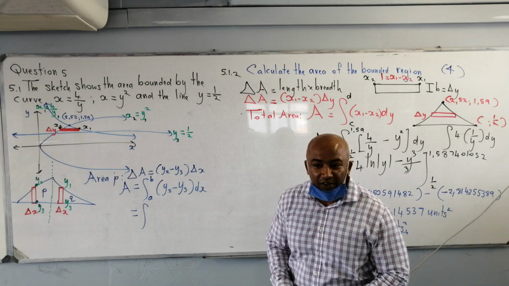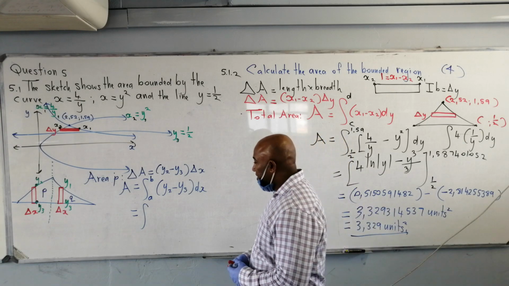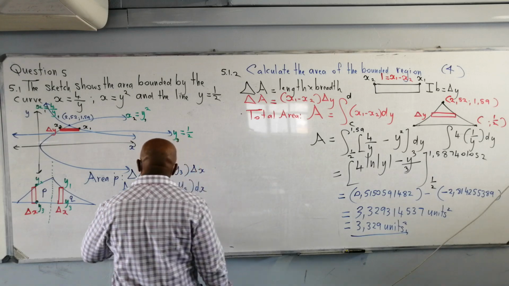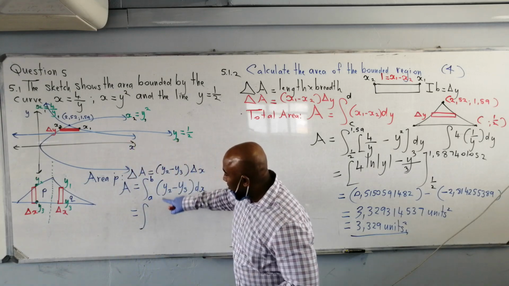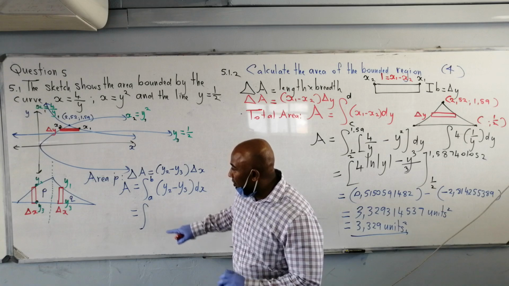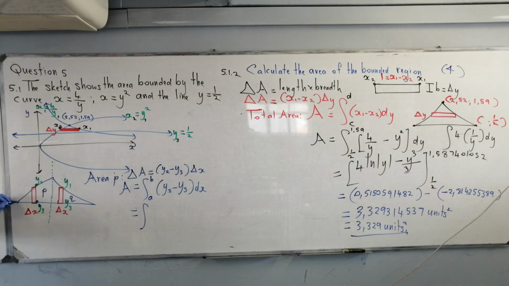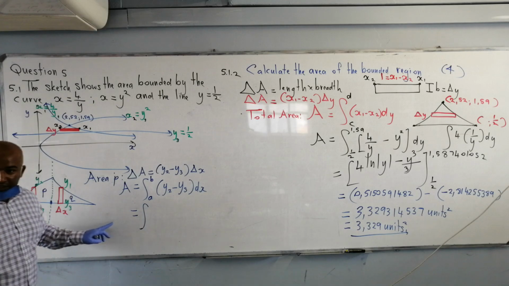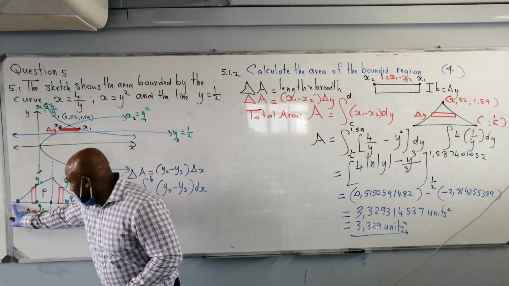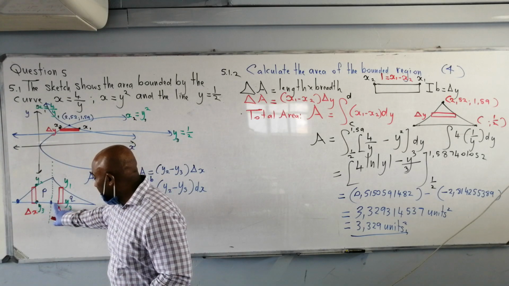We need to find those x values. We are interested in the x value at this point, and the end is this point here, from there to there. Can you see that? Because it's x, this is the beginning, this is the end.